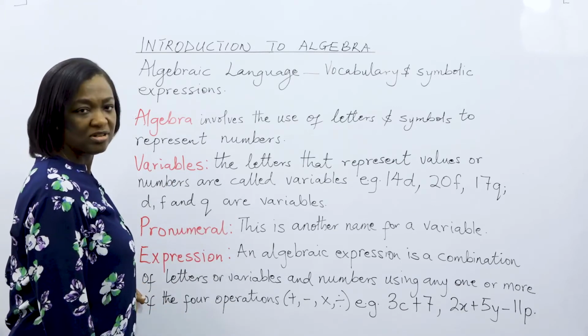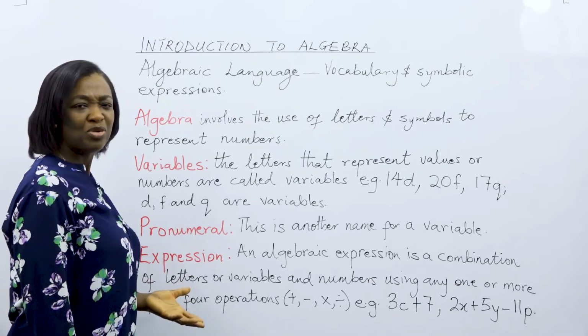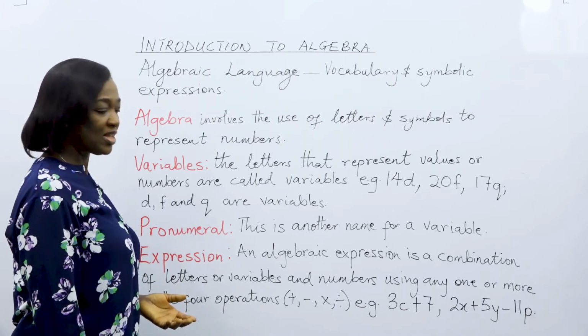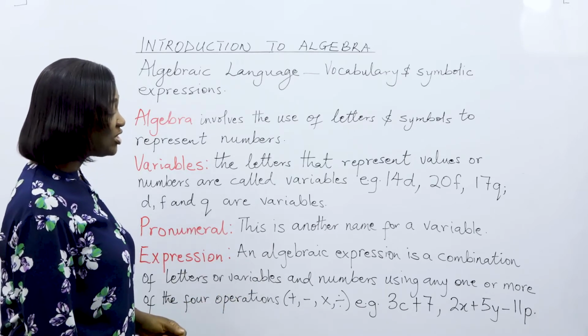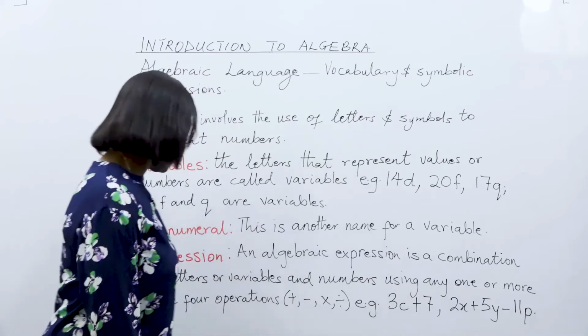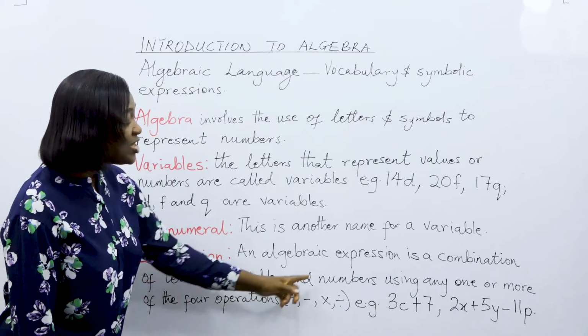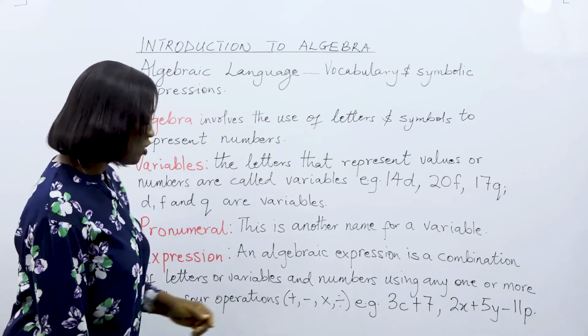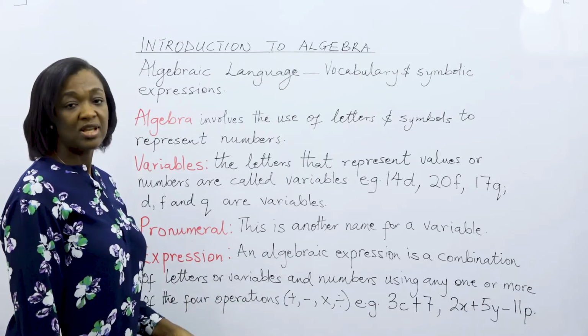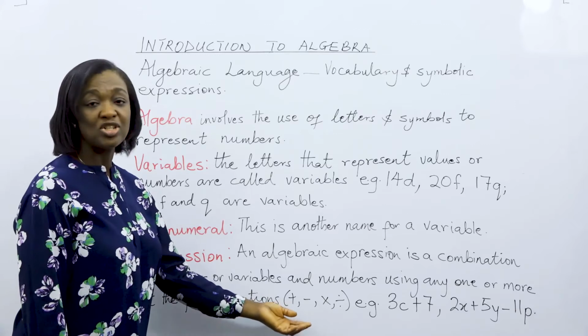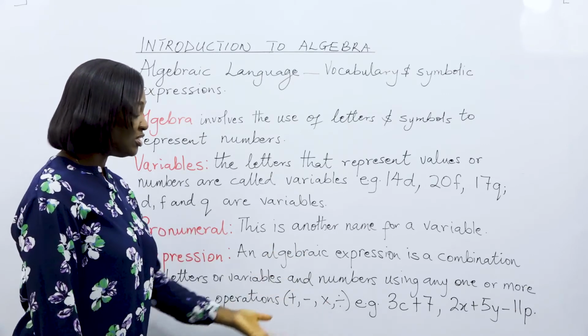Then expression. What are algebraic expressions? An algebraic expression is a combination of letters or variables and numbers using any one or more of the four operations: addition, subtraction, multiplication, division.